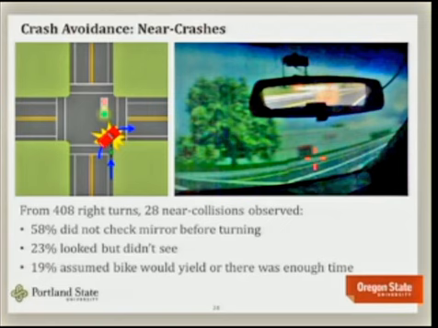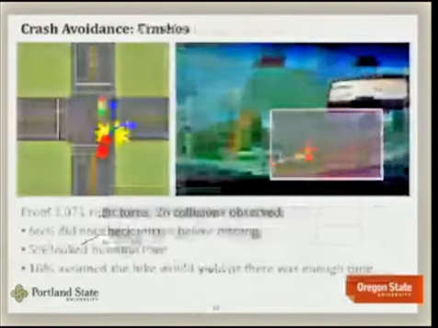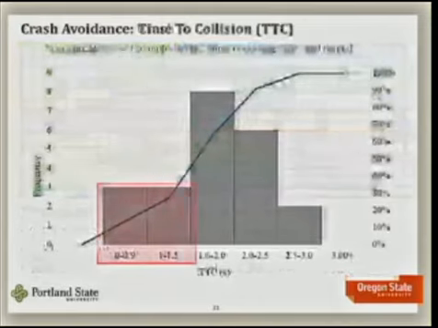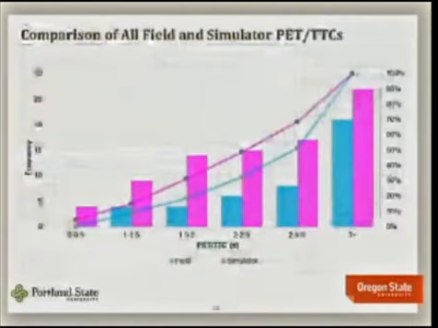There's a lot of research in crash analysis that conflicts are foreshadowing of actual crashes, and we did see the same outcomes here: our near collisions exhibited a lot of the same failure mechanisms that the collisions exhibited. I should have pointed out in this picture, this is the cyclist and the driver in the simulator, running right into the cyclist in the crash.